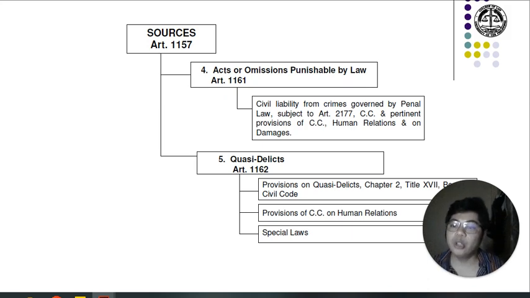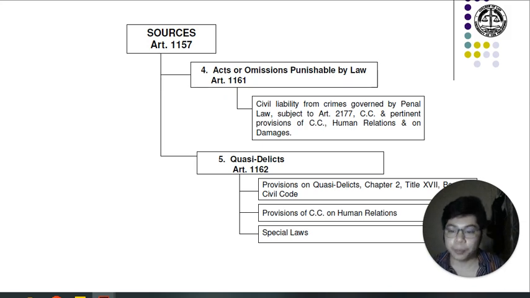How do we determine that an obligation actually arises from law or some other source? First, it must be noted that in the birth of an obligation, where all the elements concur, there must always be a concurrence between the law that establishes an obligation and the condition upon which the obligation is based or predicated.